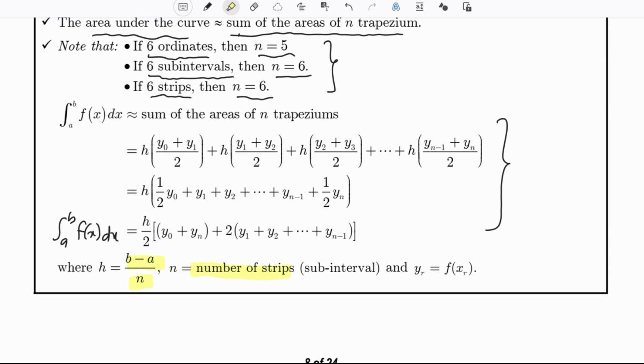We can use either the word strips, sub-intervals, or ordinates. The difference between the three we can see here: 6 ordinates and 5, 6 sub-intervals and 6, 6 strips and 6.